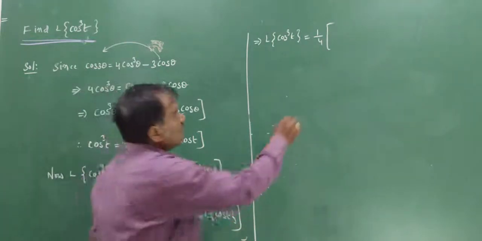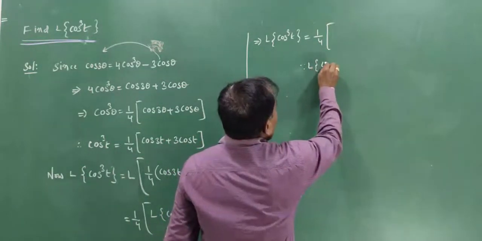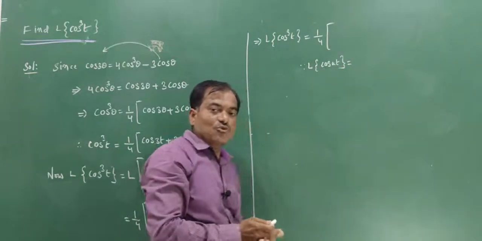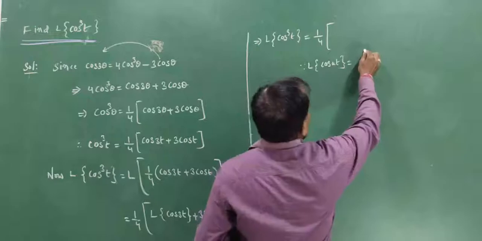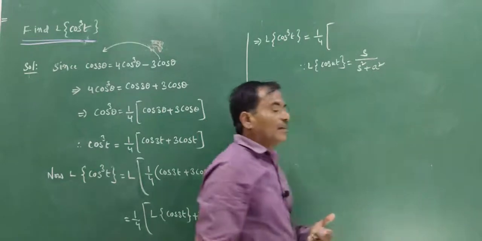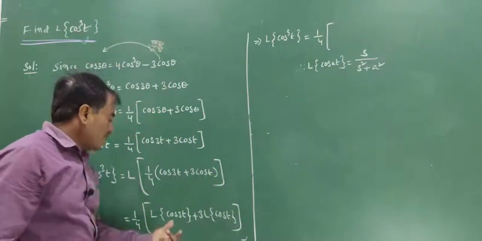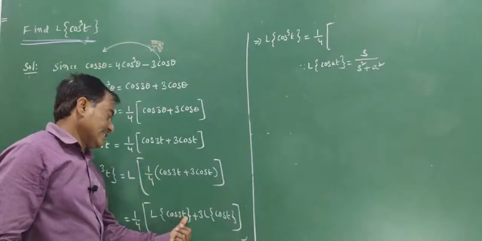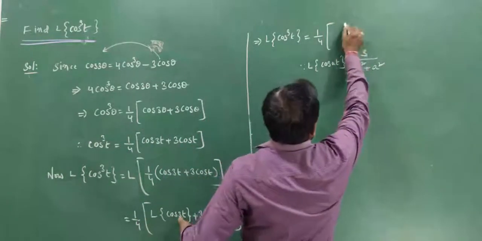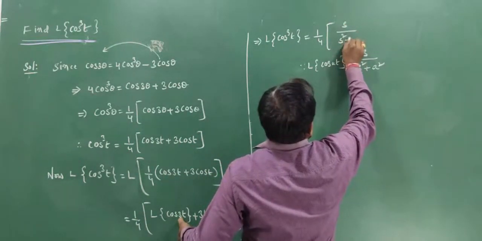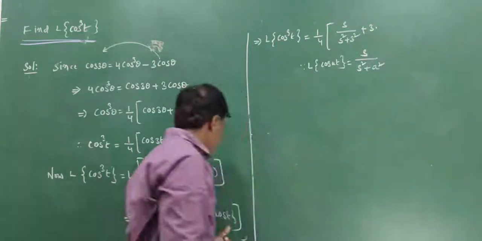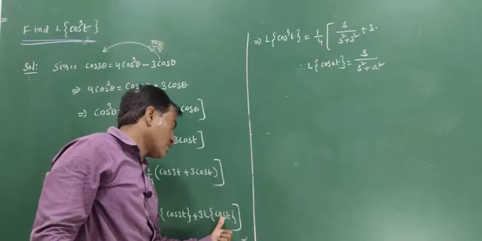Now we know that the Laplace transform of cos at equals s by s square plus a square. By using this formula, we find the Laplace transform of cos 3t. What is a here? a equals 3. So therefore s by s square plus 3 square, plus 3 into the second function, the Laplace transform of cos t.